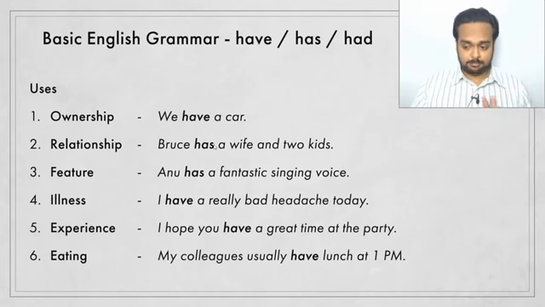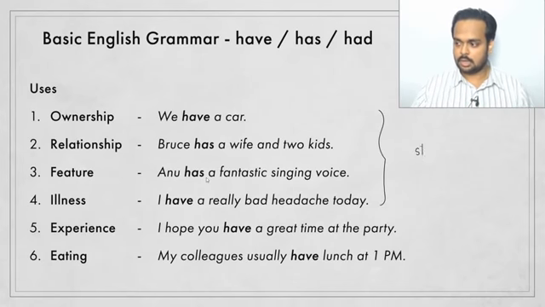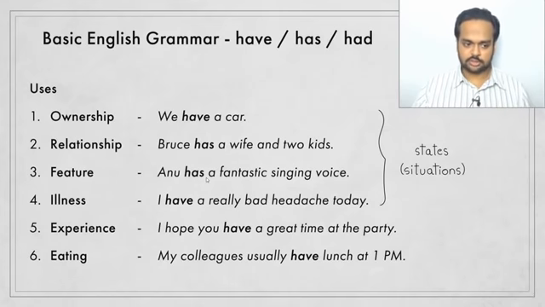Now, there is an important point here that you need to know about, and that has to do with state and action meanings of the verb. Now, these 4 here, the first 4 uses are actually states. That means they express some general situation.